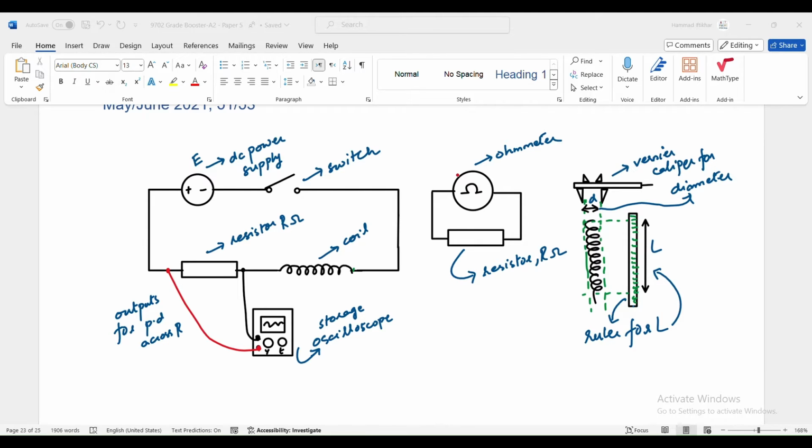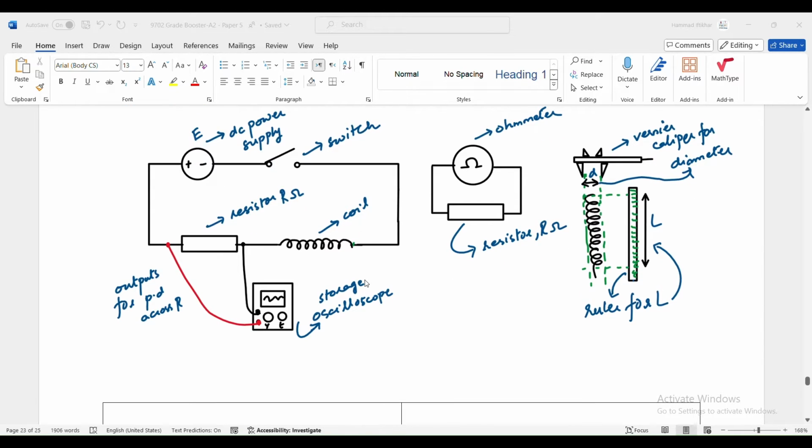Since we also have to deal with the length of the coil and diameter of the coil, we need methods to measure them also. Vernier calipers can be used to measure the diameter, which can lead to cross-sectional area. A ruler simply can be used for the length, and additionally we will have to come up with how to count the number of turns. So this will just be counting basically. We don't need a measurement tool for that.